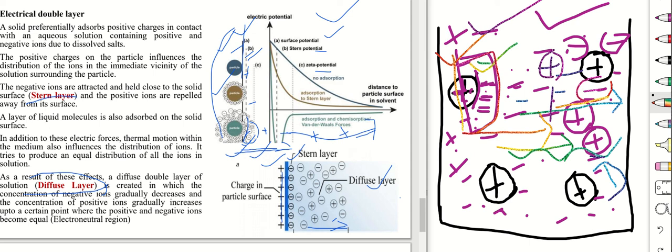The potential will be higher near the particle, and slowly the potential will be reduced. So this is the graphical representation of the charges.